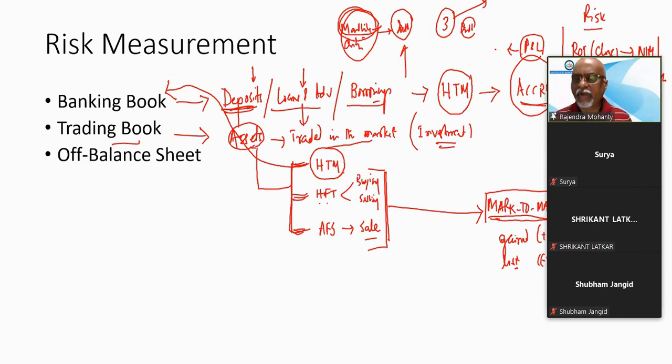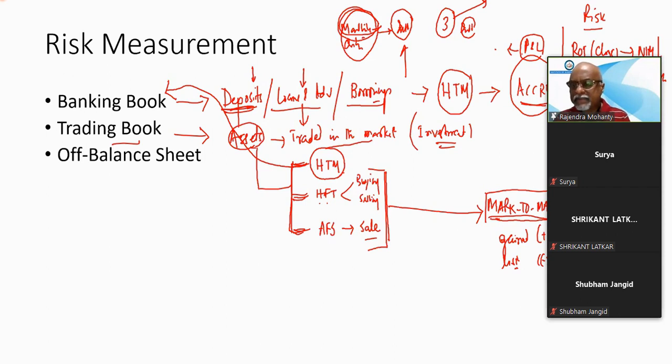This profit and loss has to be adjusted to the P&L account on a daily basis, not on an accrual basis. Accrual means as and when, monthly, quarterly. But here, for the investment portfolio, everything is done on a daily basis. You have to credit the gain to P&L and adjust the loss to P&L. So that system is called the mark to market system. Clear? There is no problem.